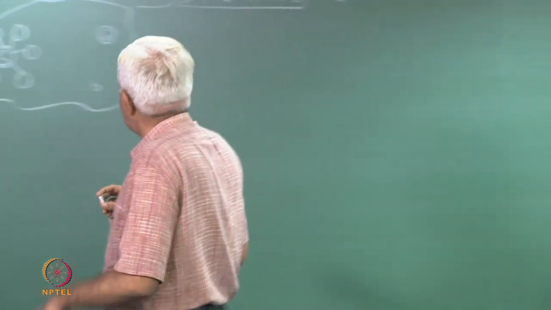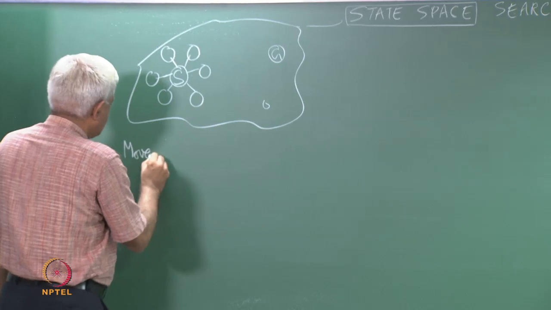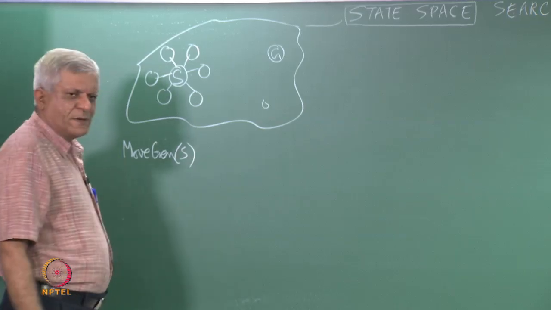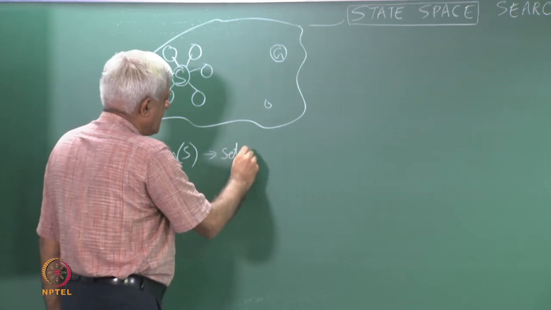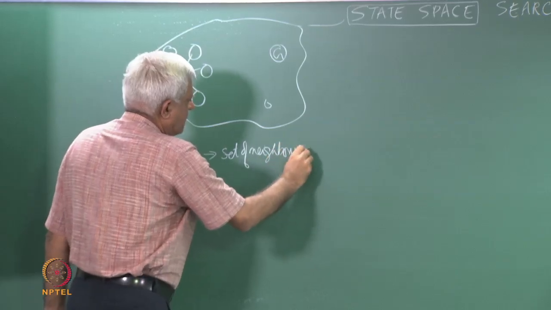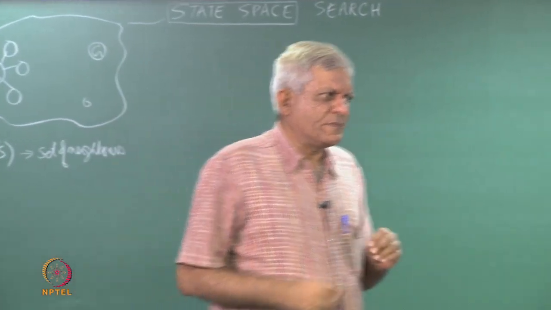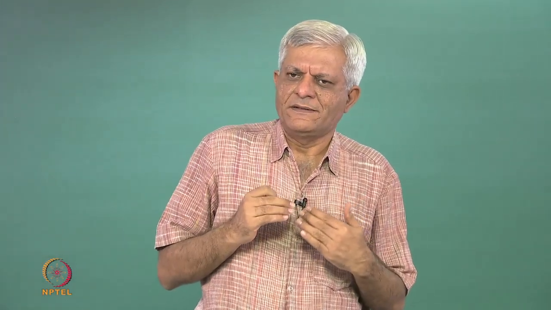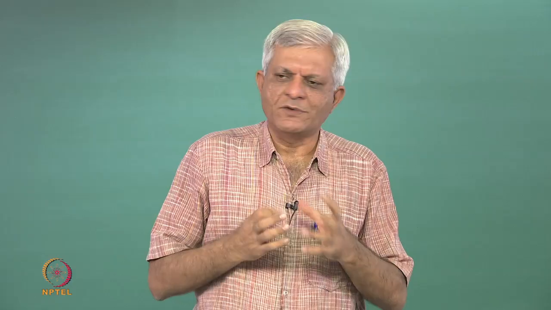So, we will assume that we have a function called move gen function, which will take a state as an input and return a set of neighbors. What we are trying to do is to separate the domain from the problem solving strategy.